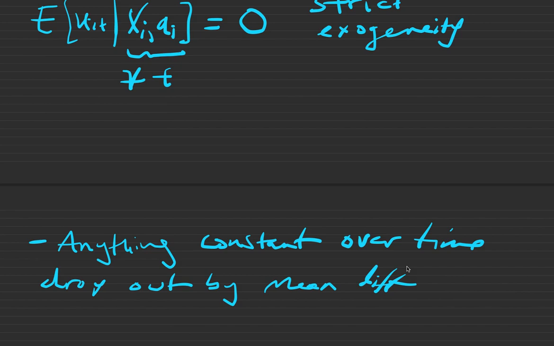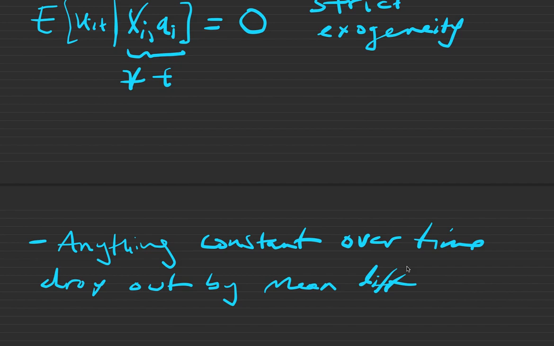So those variables that do not vary over time drop out of the equation. This is a result of the way that we remove ai.